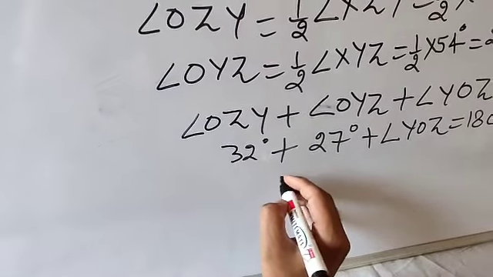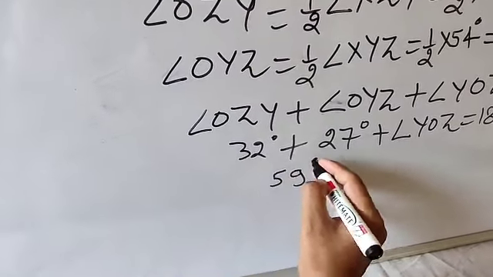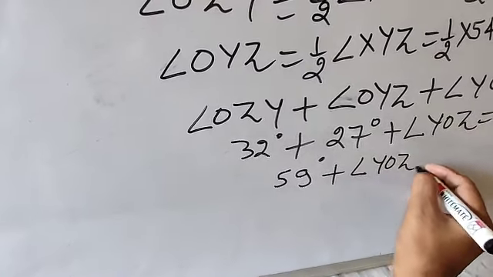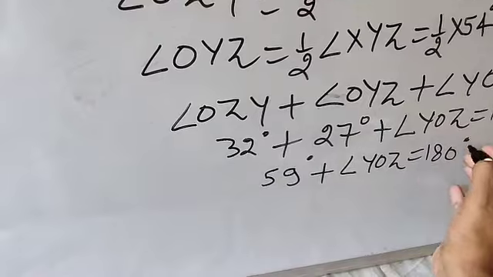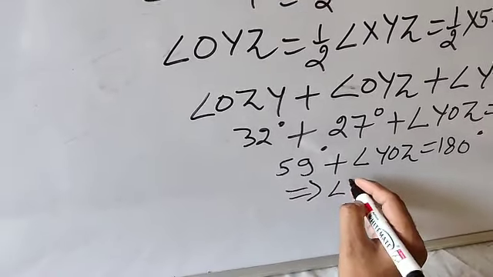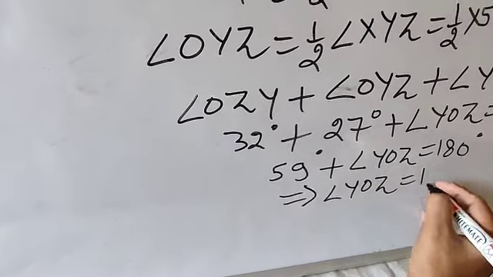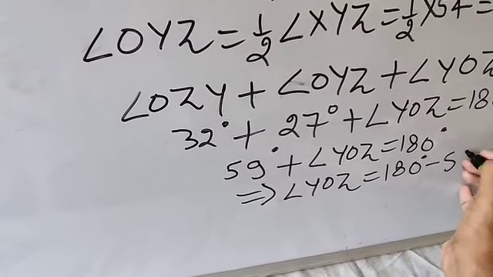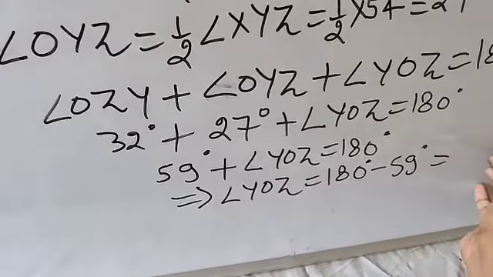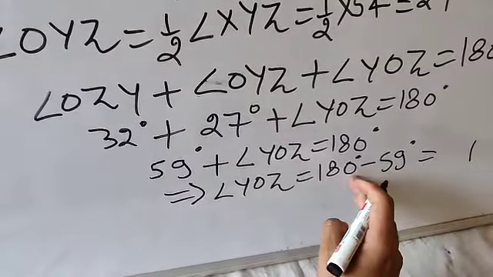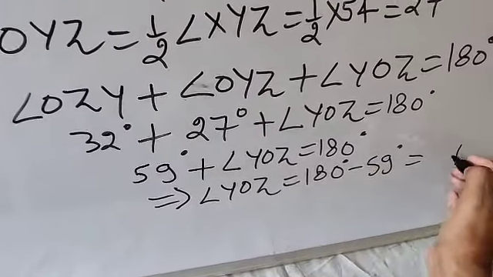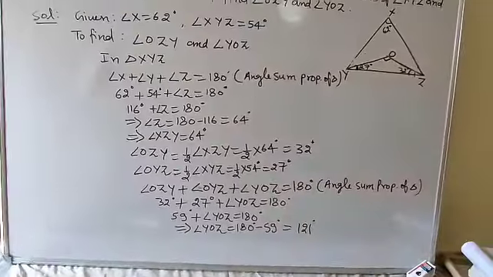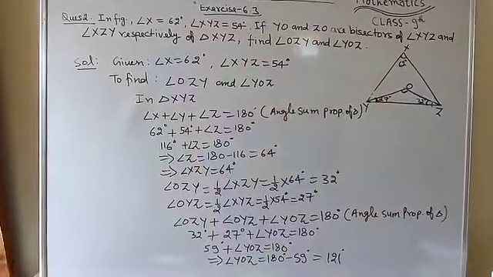If you add, it will be 59 degree plus angle YOZ equal to 180 degree. It shows that angle YOZ equals 180 degree minus 59 degree, that is 121 degree. So it is the answer of question number 2.